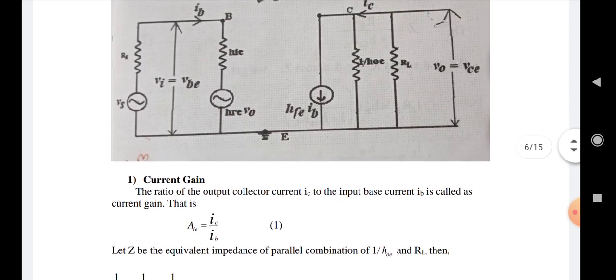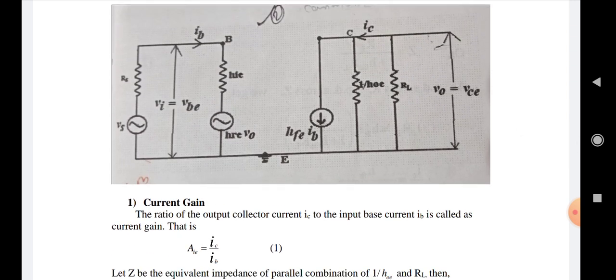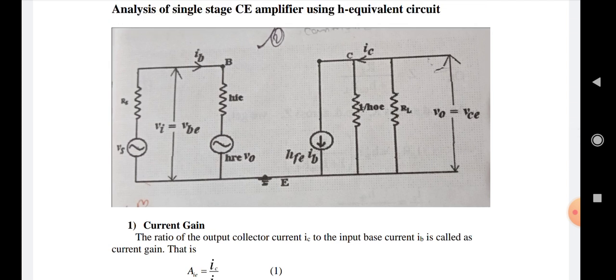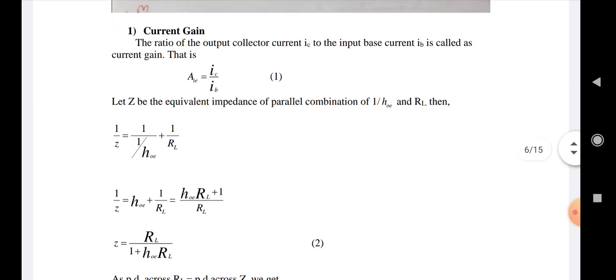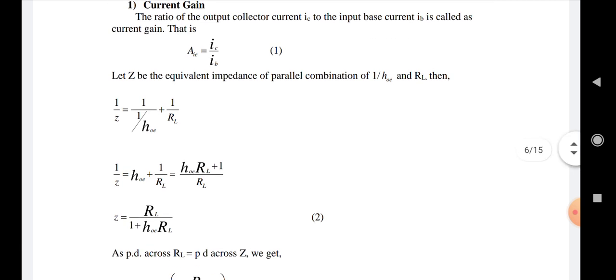This 1 upon HOE is nothing but the output admittance, and this is the equivalent circuit. Means 1 upon Z is equal to HOE plus 1 upon RL. After calculating this equation, we write it in the form of HOE RL plus 1 upon RL. It means that Z is equal to RL, the load resistance, upon 1 plus HOE RL, and this is equation number 2.